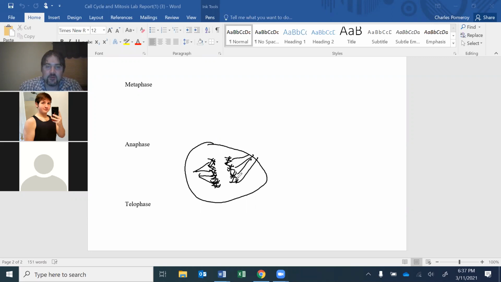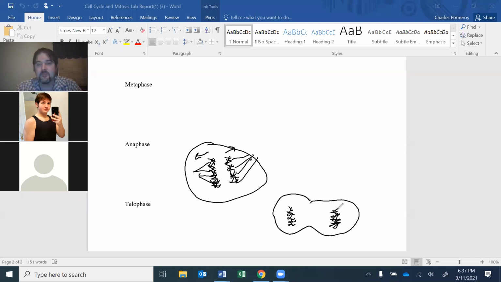And if you wanted to, put arrows saying these guys are going this way and these guys are going that way, they're being pulled apart. And then telophase, I would make a little peanut. Put a dark line over here, put a dark line over there. There you go. Something like that.